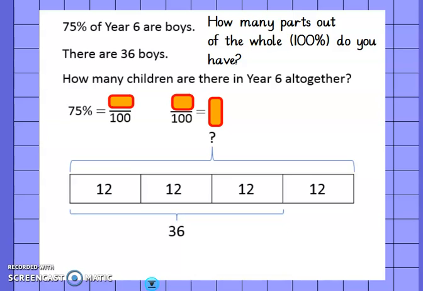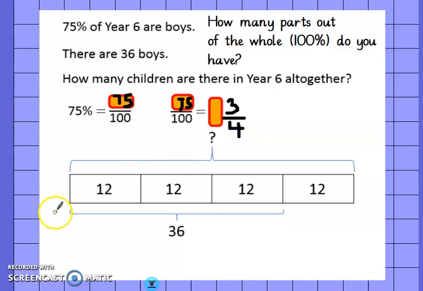Next question, it says 75% of year 6 are boys. There are 36 boys. How many children are there in total? So 75% is the same as saying 75 out of 100. So 75 out of 100 as another fraction is 3/4.